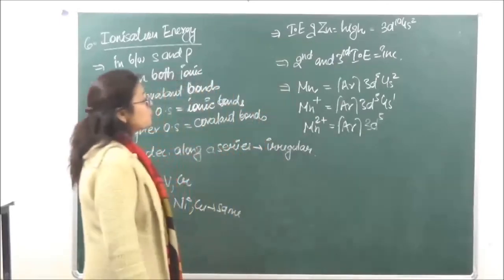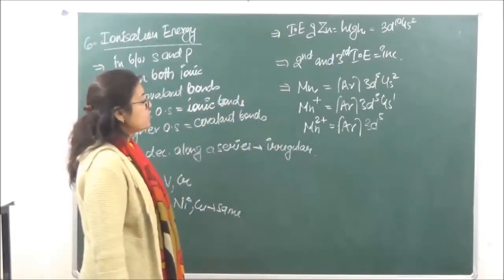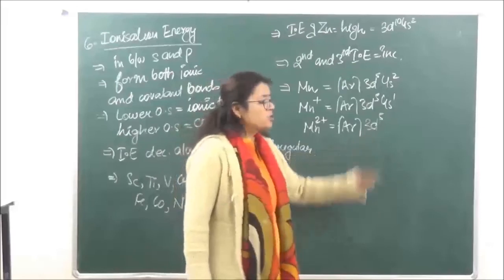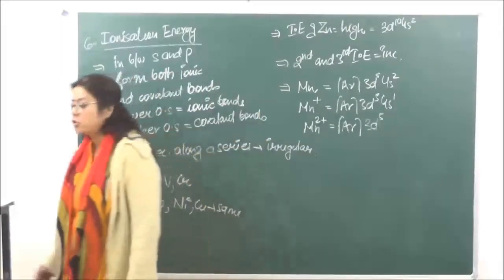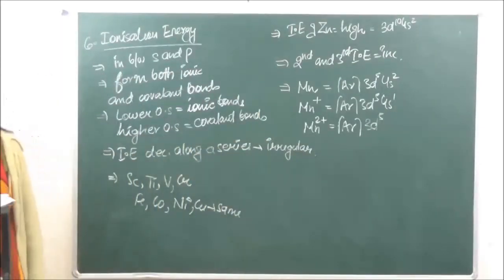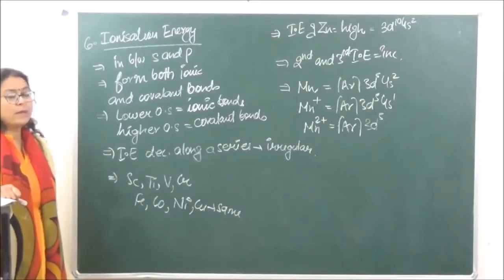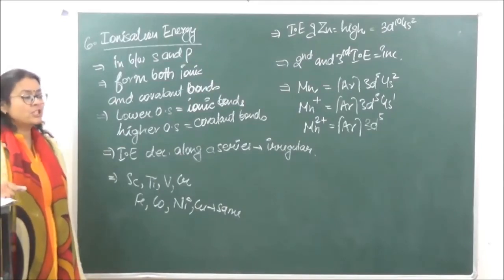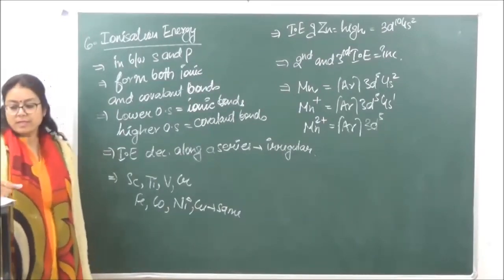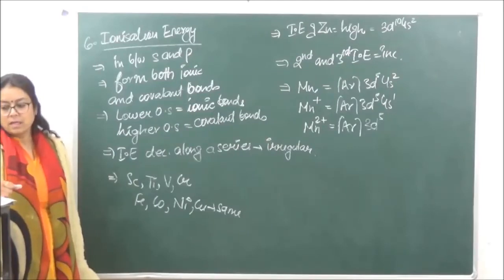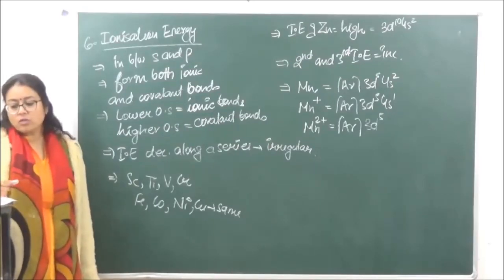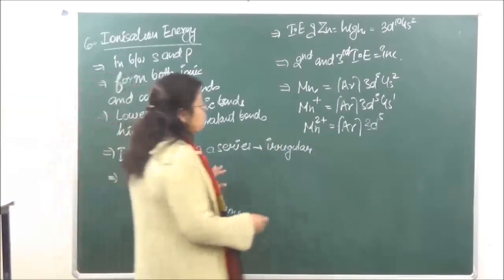Now when we have to remove the third electron in manganese, the electron has to be removed from a stable electronic configuration of 3d5. That is the reason the third ionization energy of manganese is very high. So these are the kind of conceptual questions we can expect from this section.